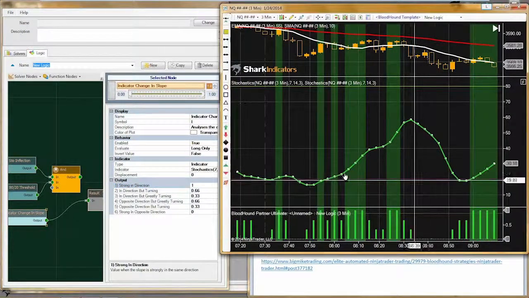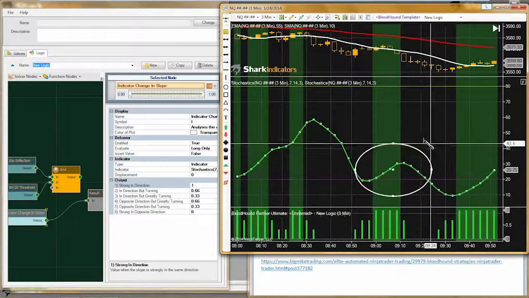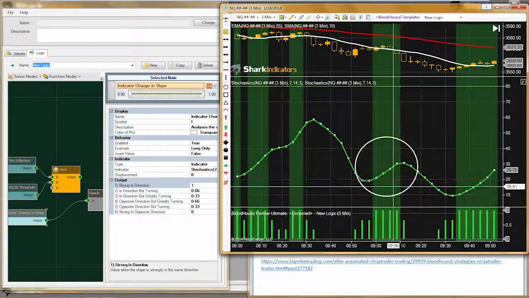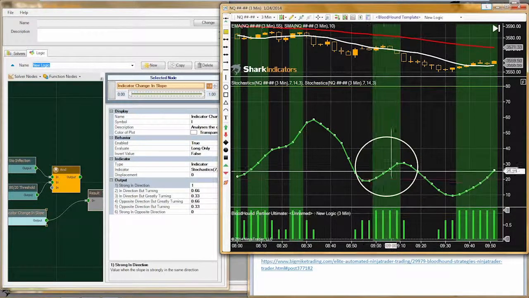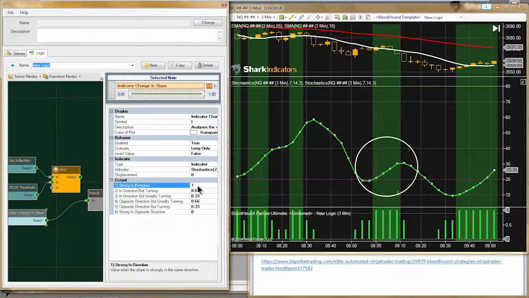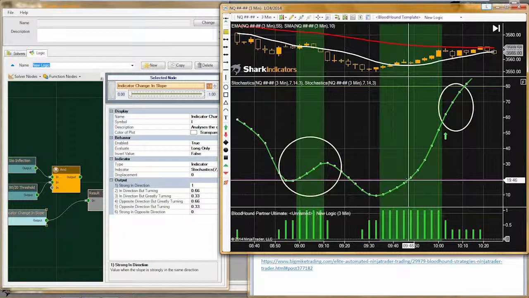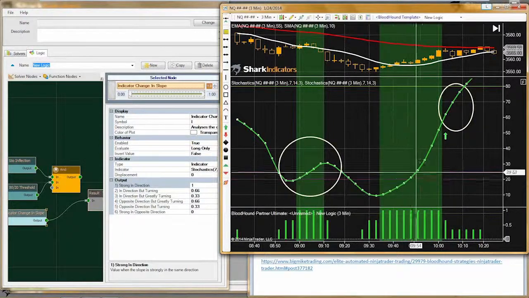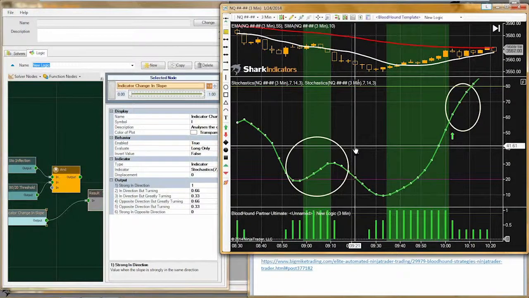So if I use this area for an example, when the angle begins to steepen, that is the strong in direction, when the angle begins to steepen. So as long as the angle continues to steepen, or at least stays at the same slope, we get this strong in direction.